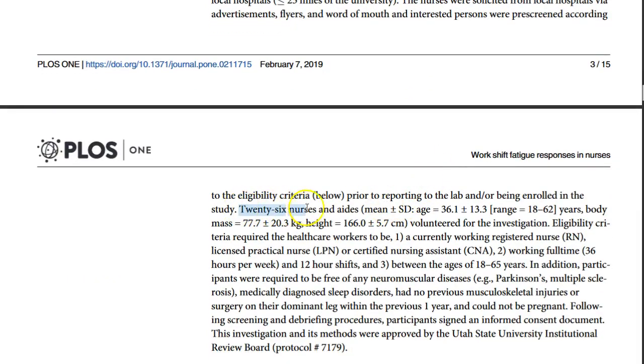They got 26 nurses and aides. And they ranged from 18 to 62. So that is a really big range. Of course, that's kind of representative of what nurses are, but with only 26 of them to begin with, are they going to be able to make meaningful conclusions about nurses in general?